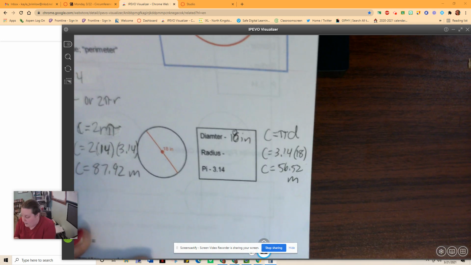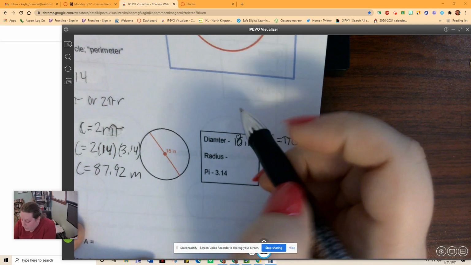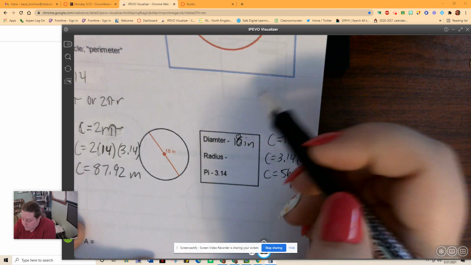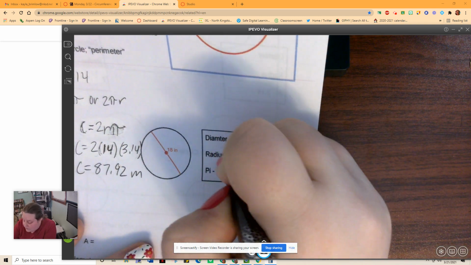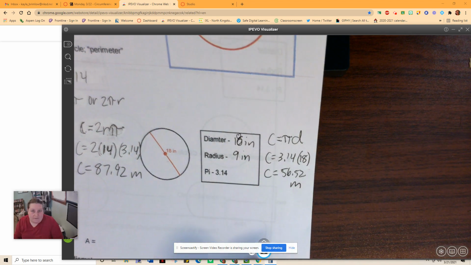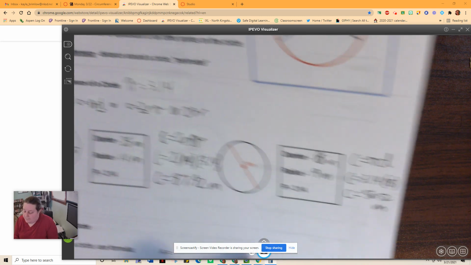And tomorrow, when we look at area, we can only use the radius in the formula. So in this case, we were given diameter, so I need to be able to find the radius. Well, radius is half the distance, so half of 18 is 9. So we would have that for our problem, if needed or depending on the question, okay?